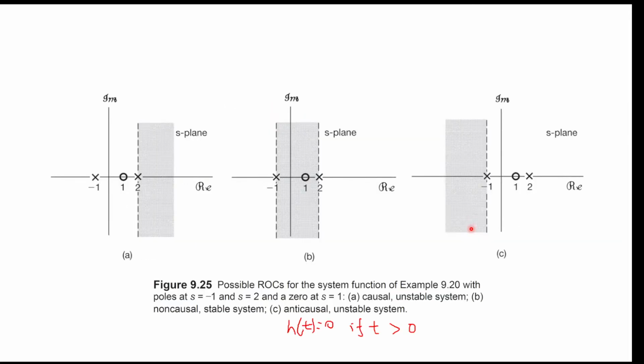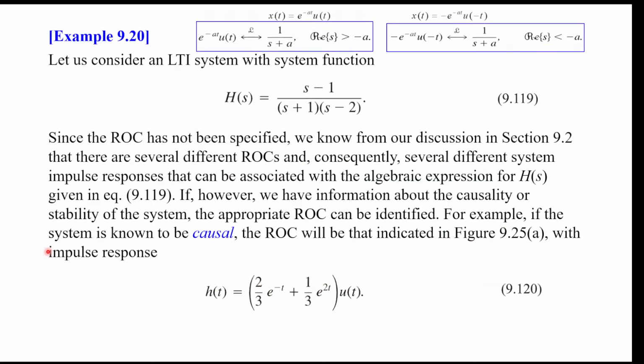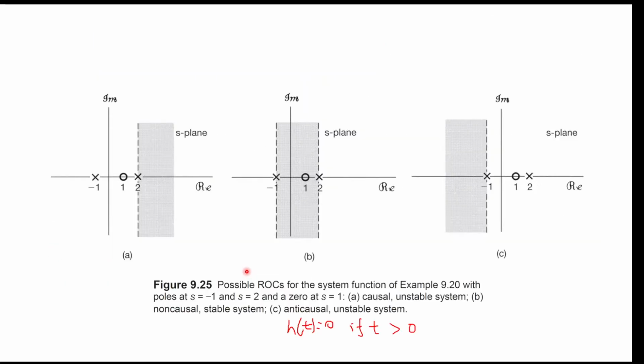Now we can see what the time domain signal, the impulse response, small h of t looks like for these 3 different ROCs, and also see the system properties that relate to these 3 ROCs. I guess we can kind of do a voting here.